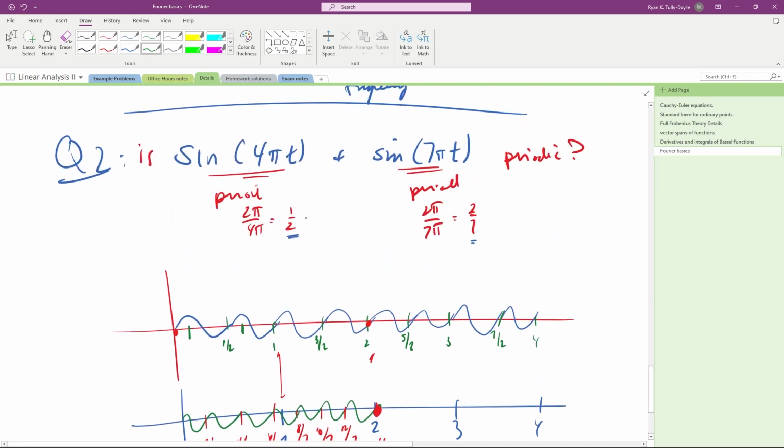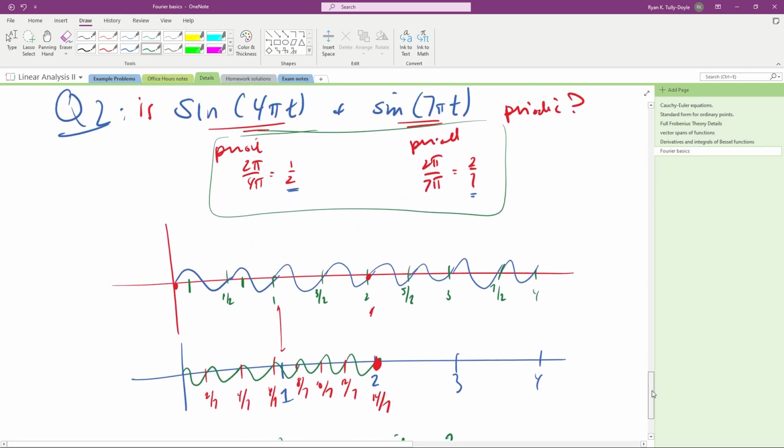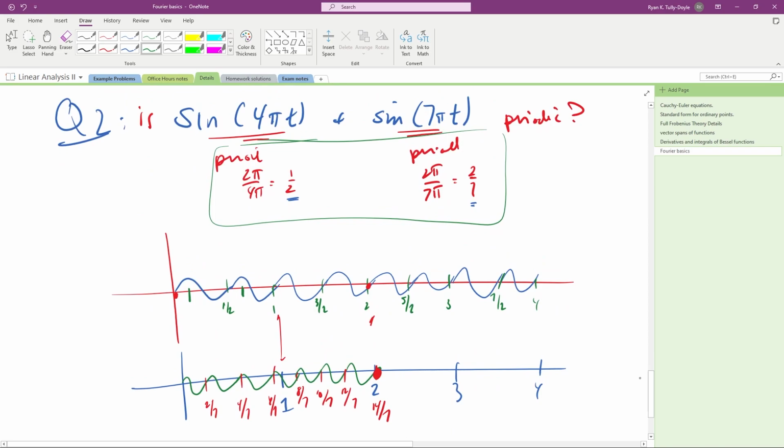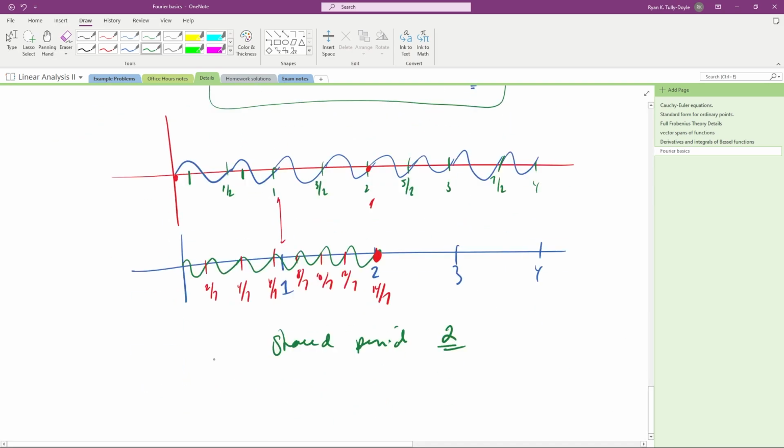Is there any way that we could have figured that out by looking at these two numbers up here? What is the smallest number that is a multiple of both of these numbers? So you want the least common multiple, and they're fractions, so you have to modify your definition a little bit. So you want integer multiples of the period.